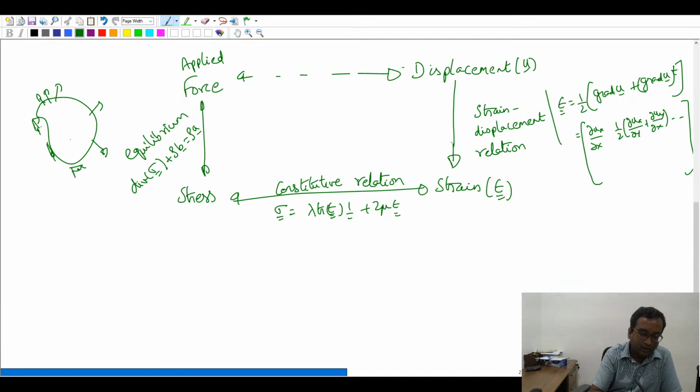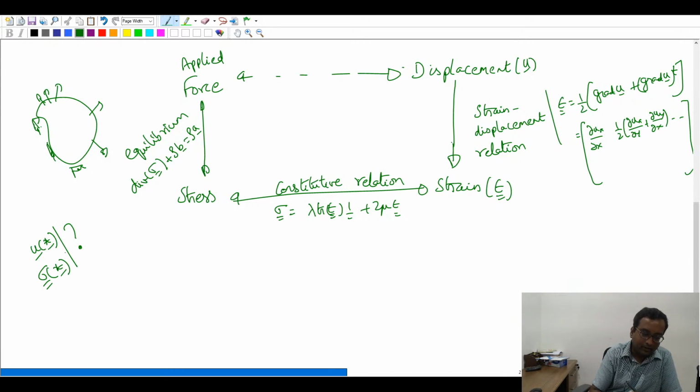We want to find what are the stresses inside the body, the stress field inside the body. That is, we want to find u as a function of x, sigma as a function of x, where x is the position vector of the particles occupying the body in the current configuration, right? So we want to find what this is.